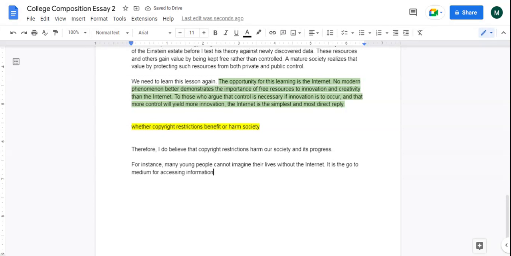For instance, many young people cannot imagine their lives without the internet. It is the go-to medium for accessing information.